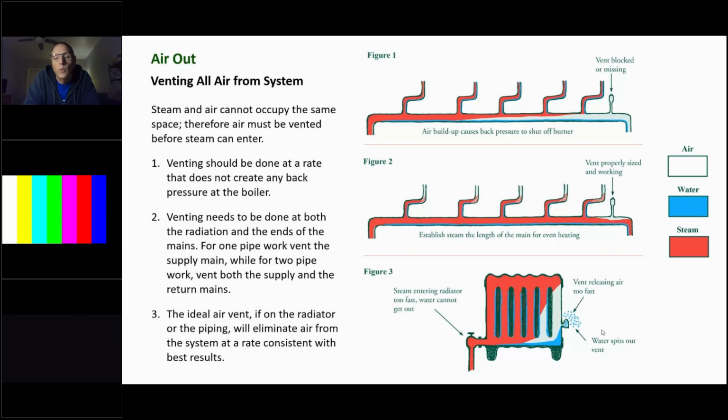So ideally, we want the same vent. We want them all to be 1As, or we want them all to be number 40s, so that they vent at the same rate, so we get consistent results throughout the system.